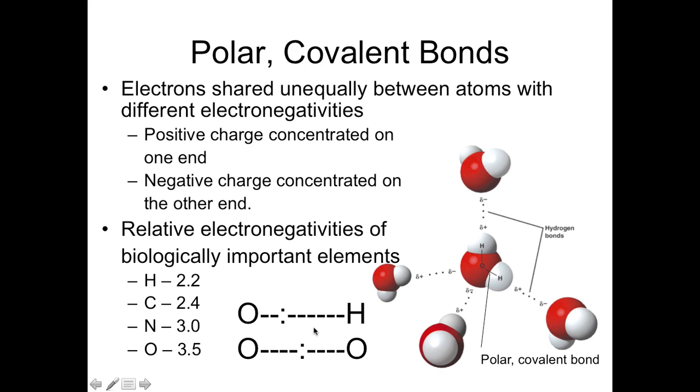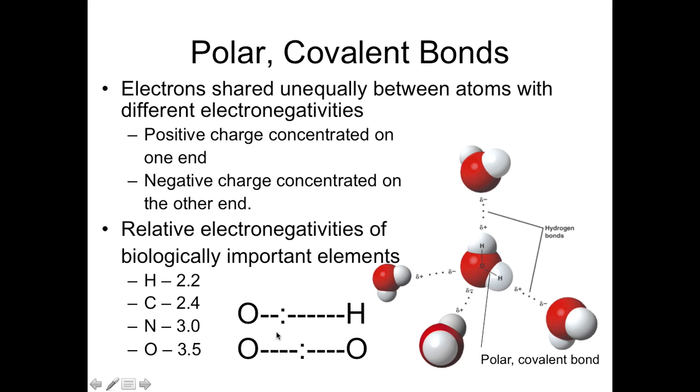And so here, down at the bottom of this slide, you can see the relative electronegativities between hydrogen, carbon, nitrogen, and oxygen. And one of the most polar bonds that you see in water and other alcohols is the OH bond. You can see that the oxygen has a high electronegativity of around 3.5, whereas hydrogen has a low electronegativity at about 2.2.